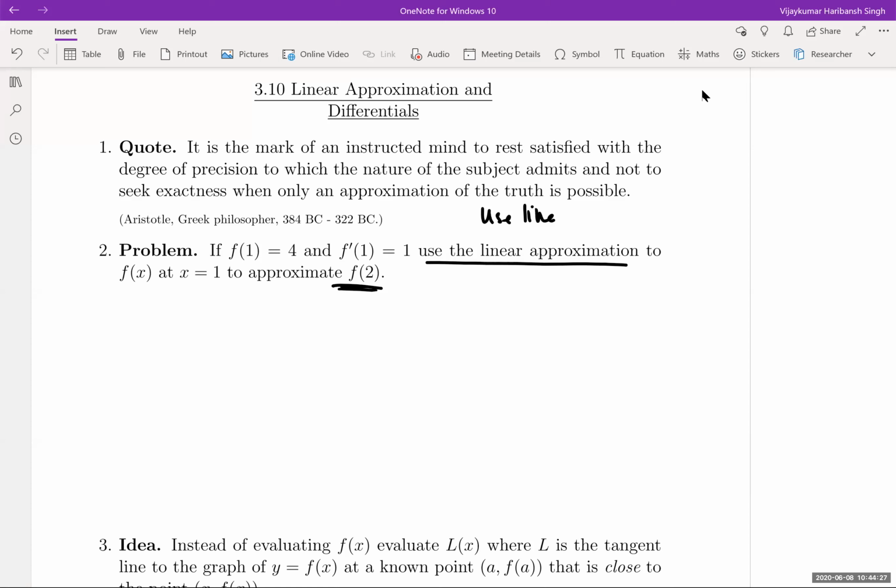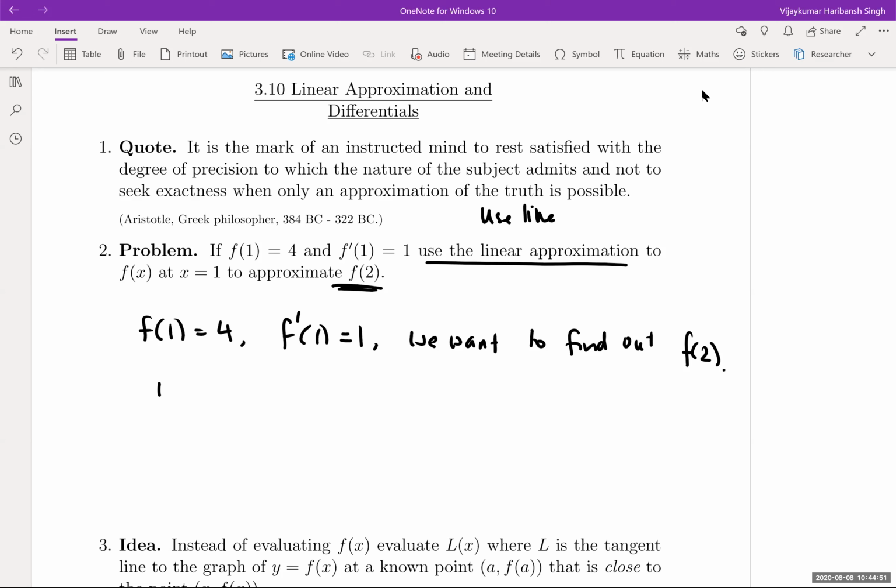So now we know here f of 1 is known to us. F of 1 is 4. F prime of 1 is 1. And we want to find out f of 2, right?